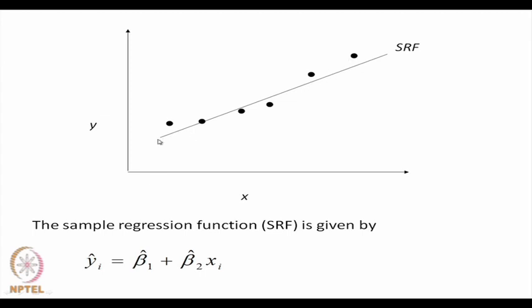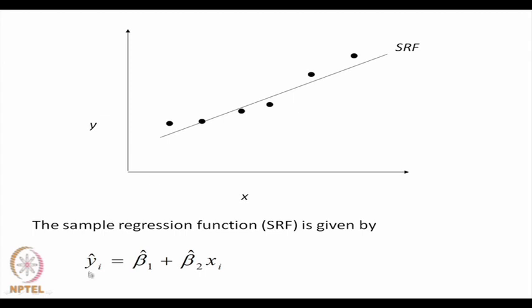And if we can estimate the values of the parameters, call them beta 1 estimate and beta 2 estimate, then this relationship that does not contain the error term gives the value of y i hat that lies on the SRF line, plus this error term will give the actual value.